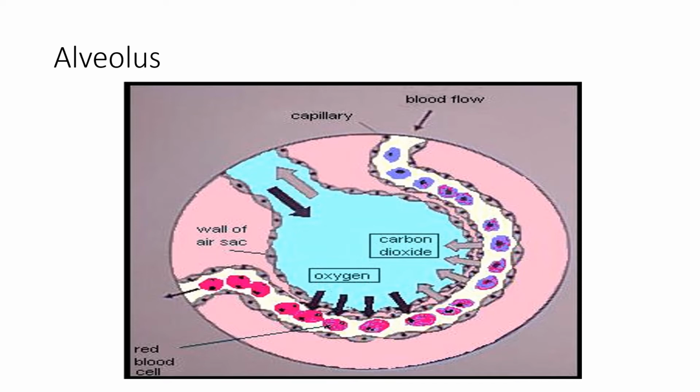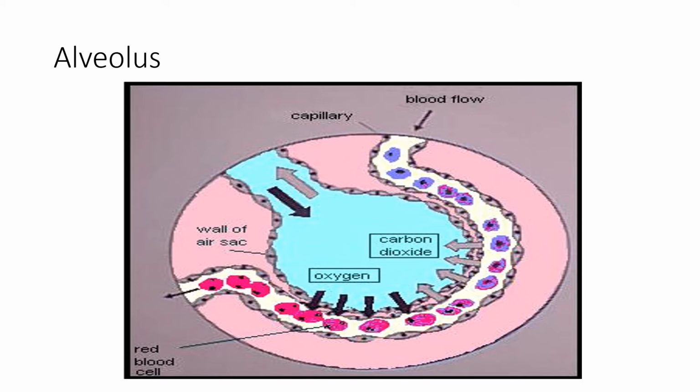So we've got this similar representation of a single alveolus, and again you've got the wall of the alveolus a single cell thick, and the interface with the capillary of the pulmonary circulation with blood coursing around the capillary beds, and again one cell thick.